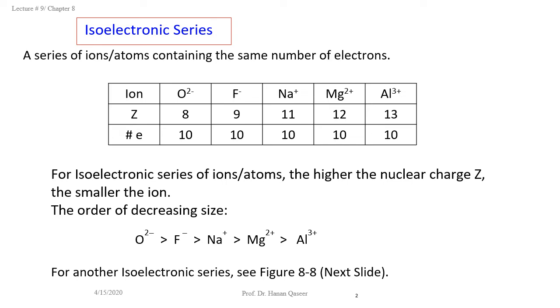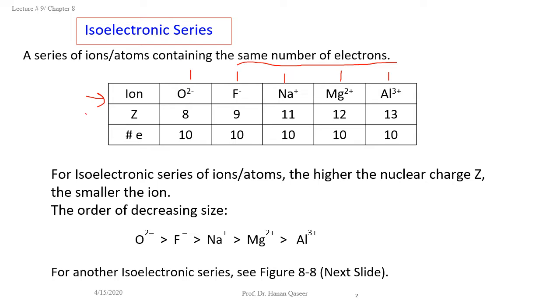Next slide here we have what's called isoelectronic series, again, a series of ions or atoms containing the same number of electrons. يعني isoelectronic هذا مصطلح كيميائي، يعني نفس عدد الإلكترونات في الذرة. عندي هذا المثال وهي الأيونات: oxide ion, fluoride ion, sodium cations, magnesium cations, aluminium cations.